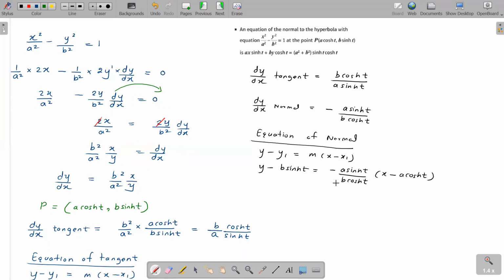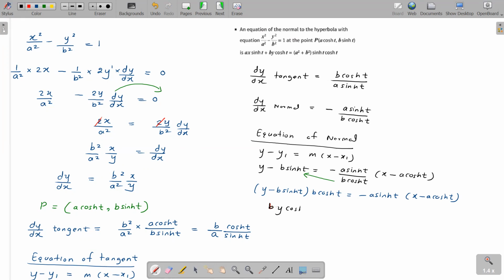So we'll bring the b cos t to the other side. y minus b sin t times b cos t equals minus a sin t times x minus a cos t. Is that okay? Then y into b cos t, I get by cos t, right?